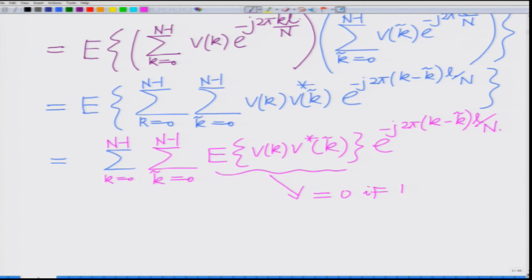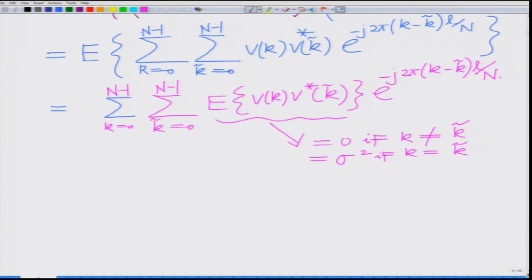So, this is equal to 0 if k is not equal to k tilde, and sigma square if and only if k is equal to k tilde, which means only terms which survive in the summation are when k is equal to k tilde. Therefore, for each k only one term, corresponding to k tilde equal to k, will survive.